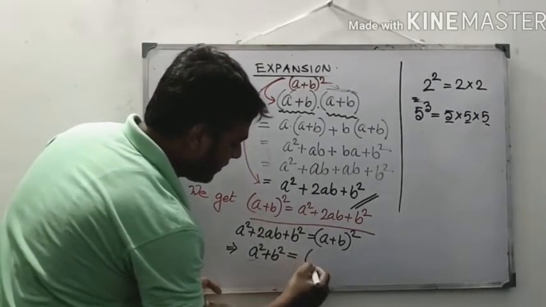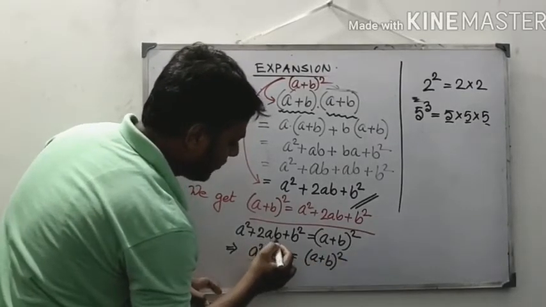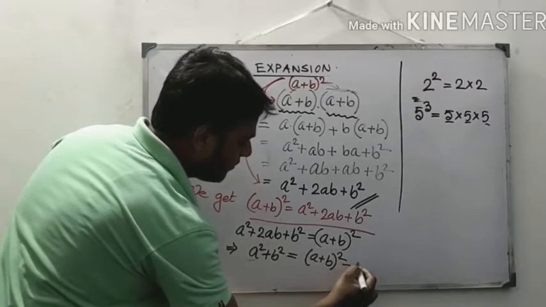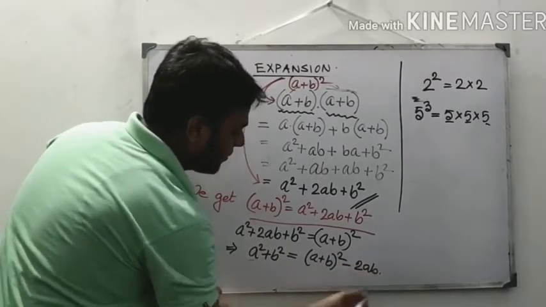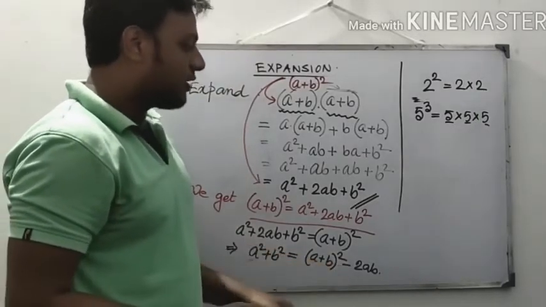Then this will be (a plus b) whole square, which was already there, and if we move the term 2ab to the right hand side, it will be minus 2ab. So we get one more result, that a square plus b square equals (a plus b) whole square minus 2ab.